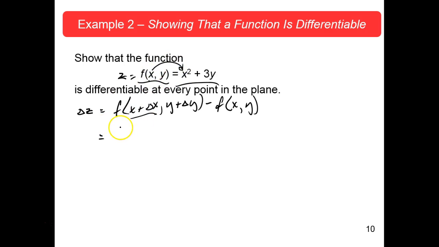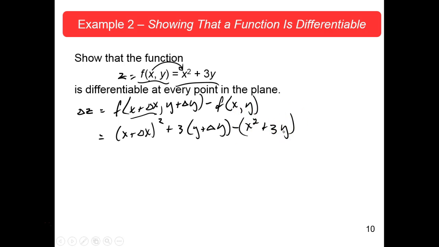Okay, so that would be x plus delta x squared plus 3 times your y, which is now y plus delta y, minus x squared plus 3y. That was your original f of x.